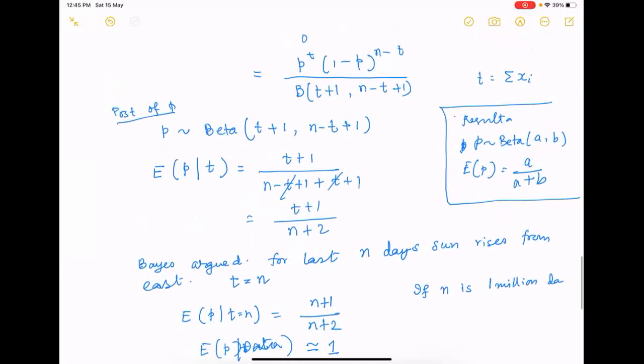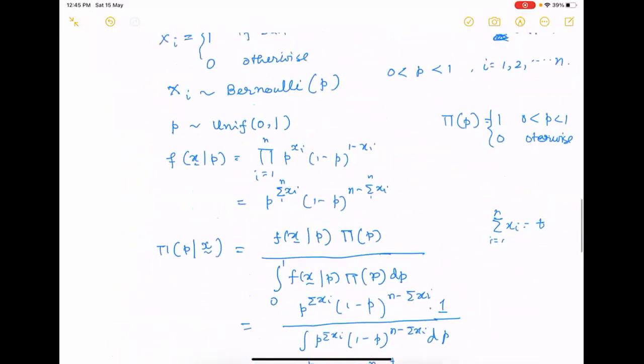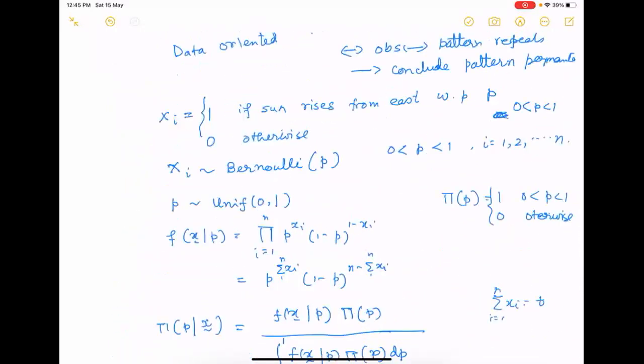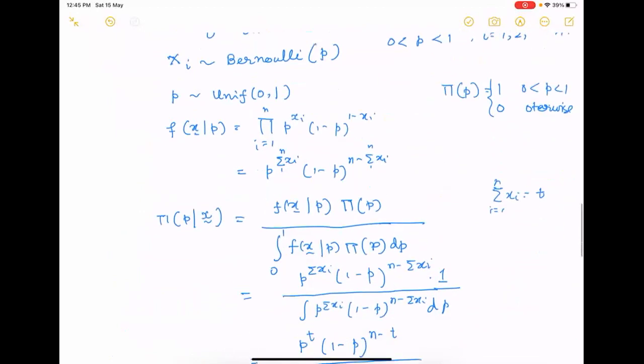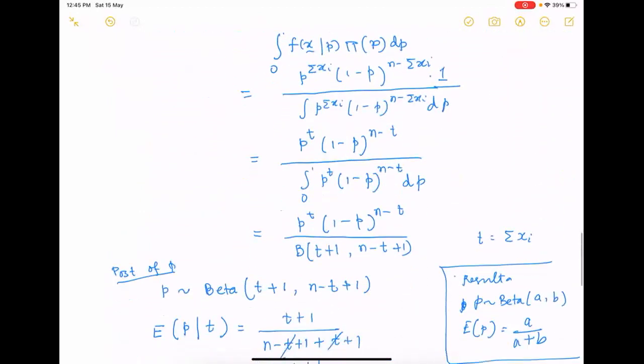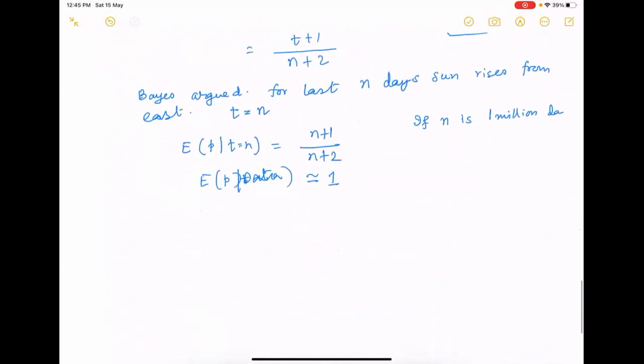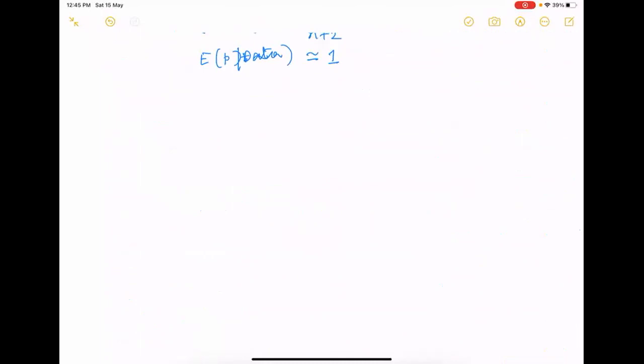So that means the sun will rise from the east with probability 1. Okay, so that's what Bayes argued: he tries to develop a probabilistic framework to argue in favor of certain scientific patterns.